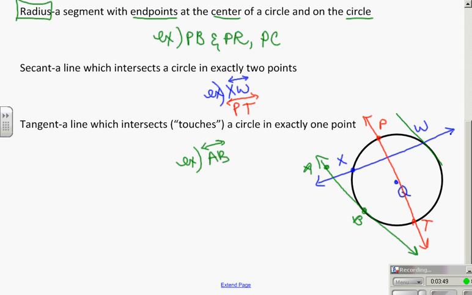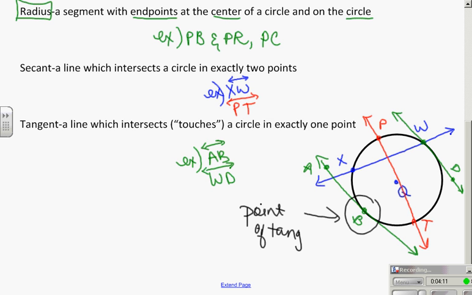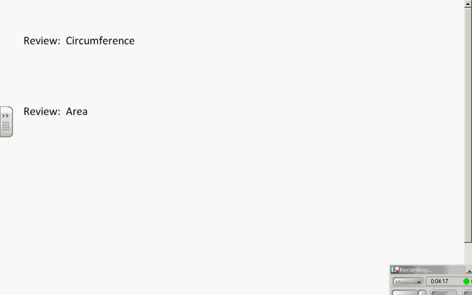Or something like WD would be a tangent line. The point at which they intersect for a tangent line is called the point of tangency. And that's going to be an important point for us later.